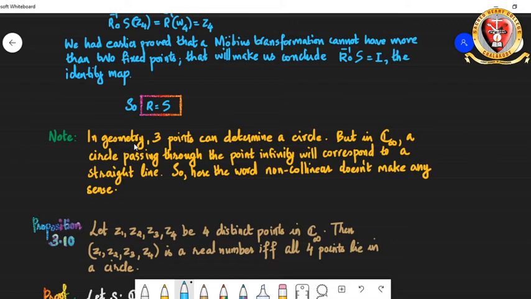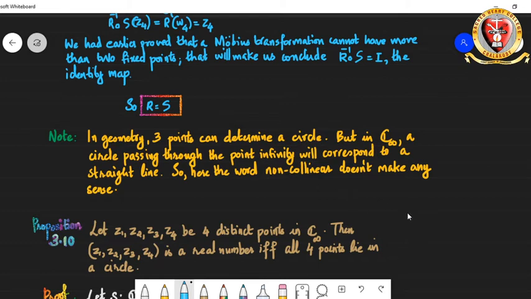So when we are talking about circles or collinearity in C infinity, we cannot use the word non-collinear, because if you are given 3 points, you can form a straight line if one point is infinity. So we won't usually use the term non-collinear anymore as we are standing in the extended complex plane.